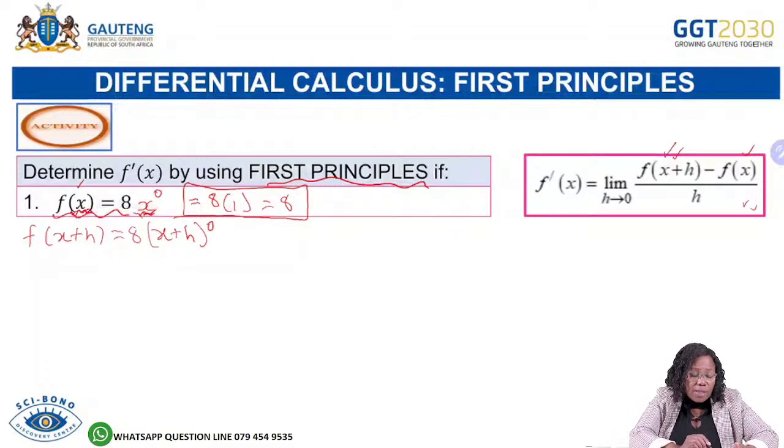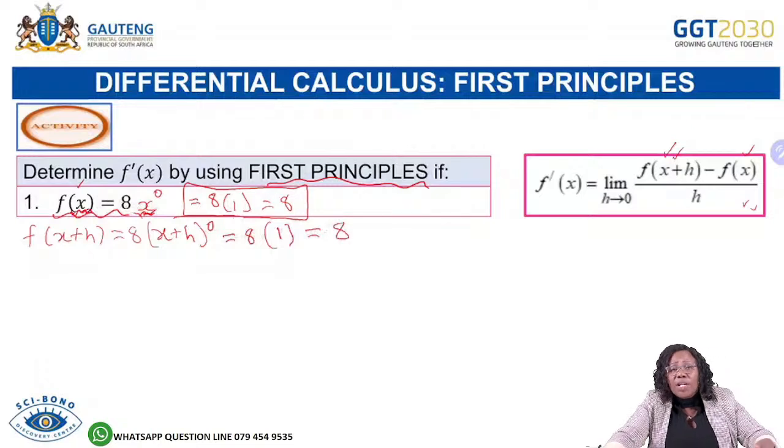But look at this, grade 12s. It will be 8. Remember, any number raised to the power 0 is a 1. Exponent 0, it's a 1. So that x plus h, since the exponent is 0 there, it will give us a 1. So basically, our f at x plus h is also equal to an 8.